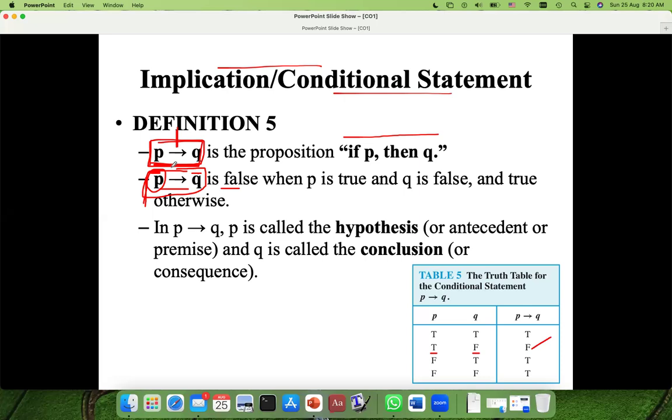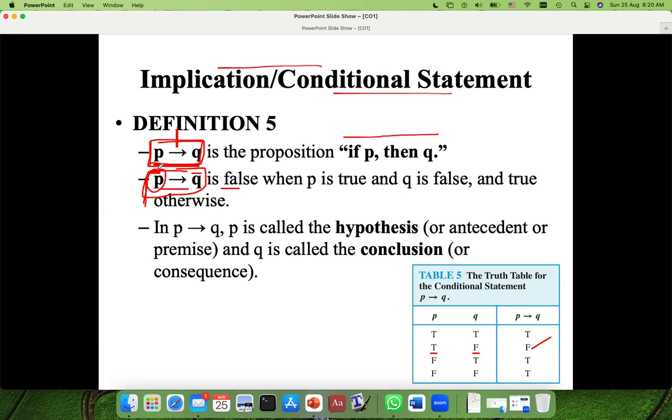So hypothesis, okay? You assume something, and then you conclude something. So this first one, P, is the hypothesis. It is your assumption. That's why it is called hypothesis.